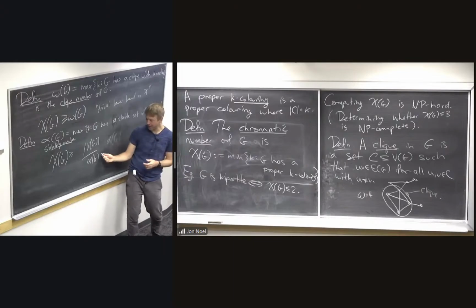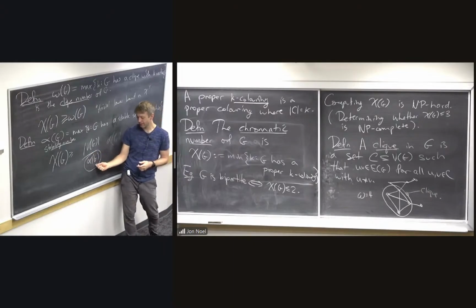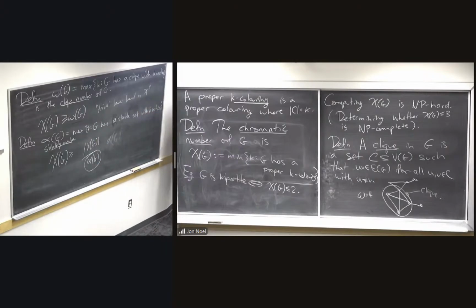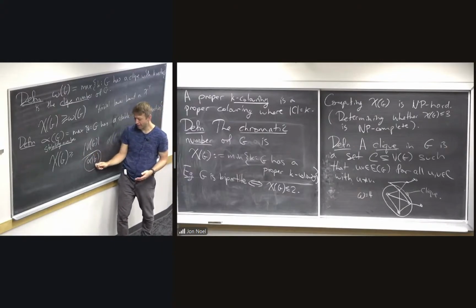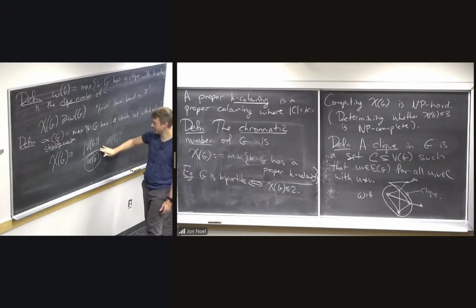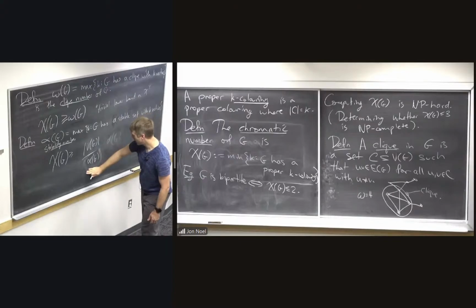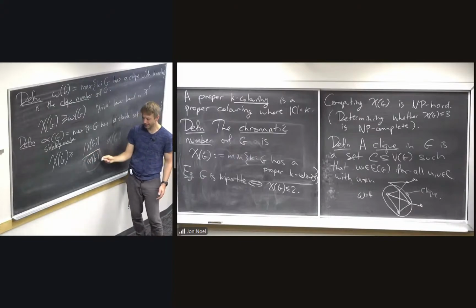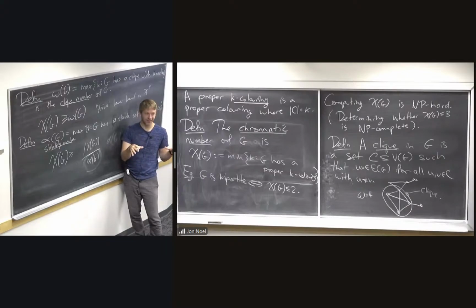Each stable set has at most this size, so the number of stable sets you're going to need is at least n, the number of vertices, over that, right? Like you said, this would only be equality if every stable set in your coloring is actually maximum size. So this is another kind of trivial lower bound. The key insight here is that a proper coloring is a partition into stable sets. Those are the same thing, right?